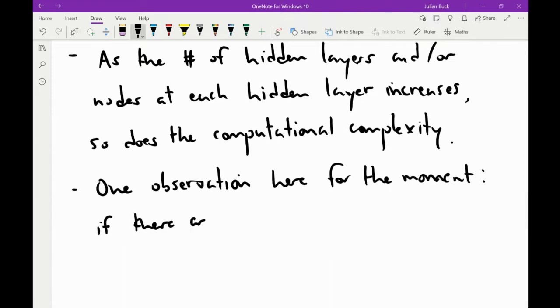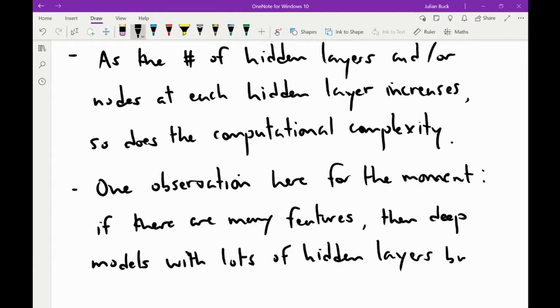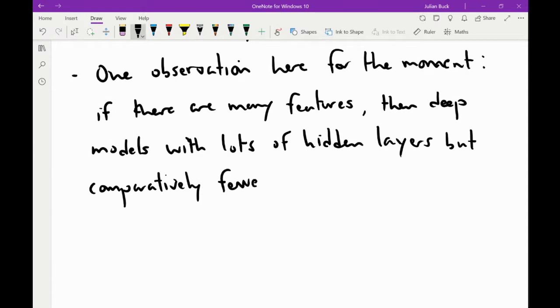If there are many features, which will usually correspond to having lots of nodes, then deep models with lots of hidden layers but comparatively fewer nodes per layer, I tend to think of these as sort of thin.